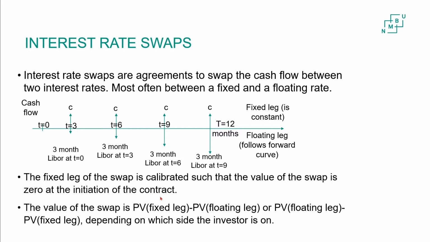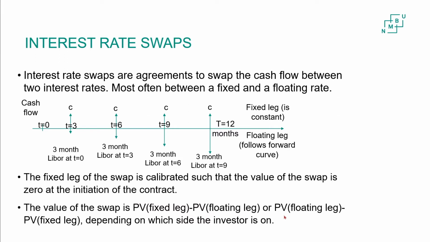As time goes by, the fixed leg is fixed, but the floating leg might change because the LIBOR might change in the future. And the value of the interest rate swap deal is just the present value of the fixed leg if you are receiving the fixed leg minus the present value of the floating leg if you are paying the floating leg.